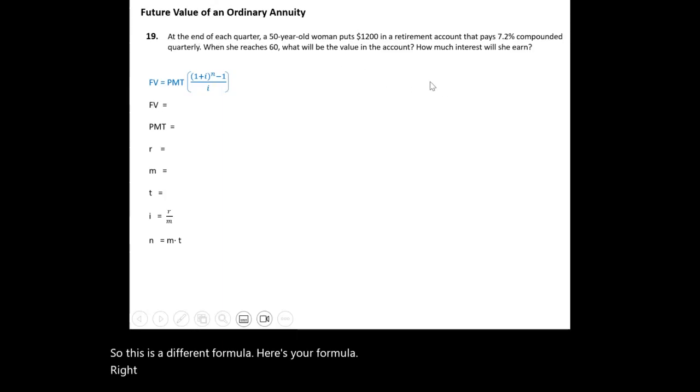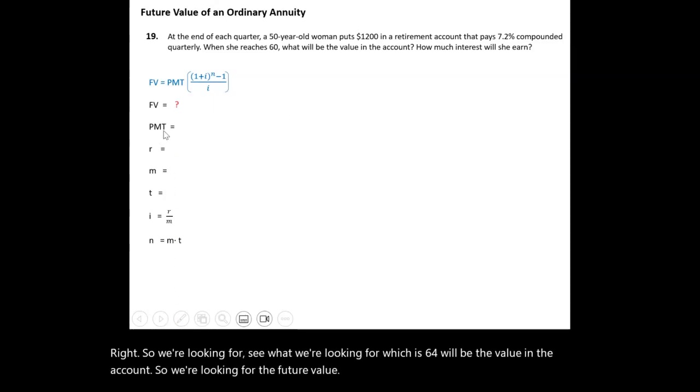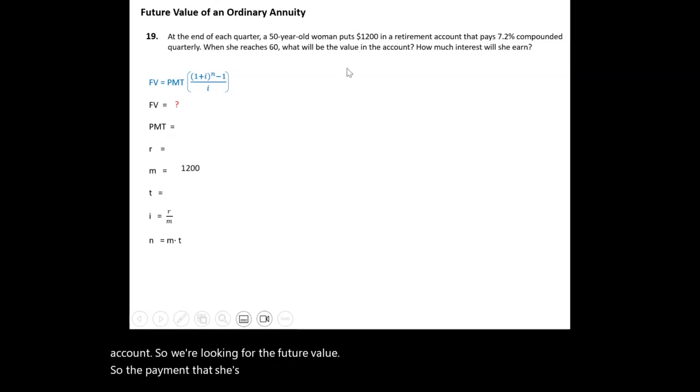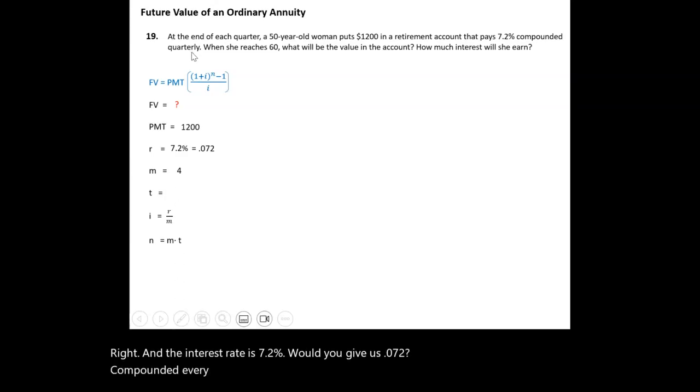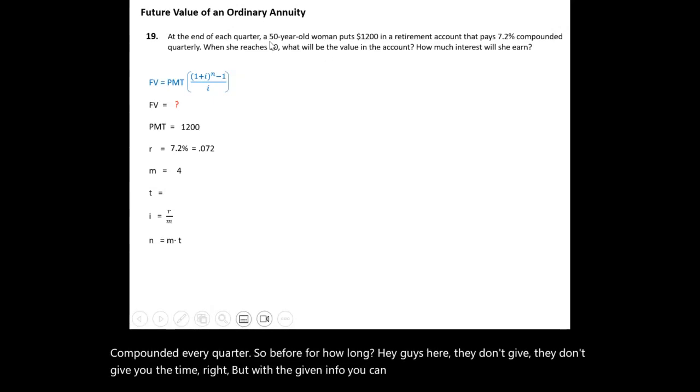So we're looking for, see what we're looking for. When she reaches 60, what will be the value in the account? So we're looking for the future value. The payment that she's making is $1,200, and the interest rate is 7.2%, which gives us 0.072. Compounded every quarter, so m will be 4. For how long? Hey guys, here they don't give you the time, but with the given info, you can get the time.